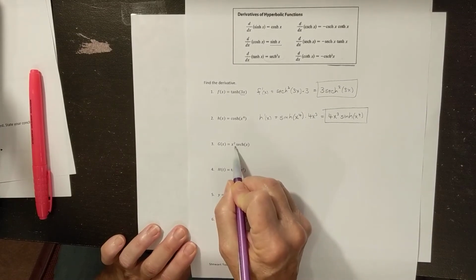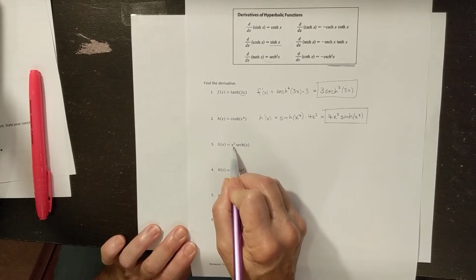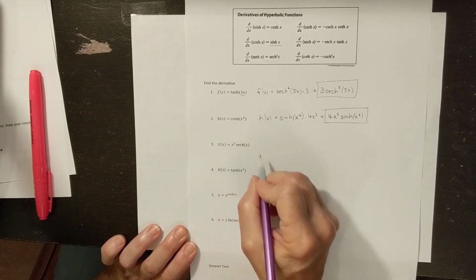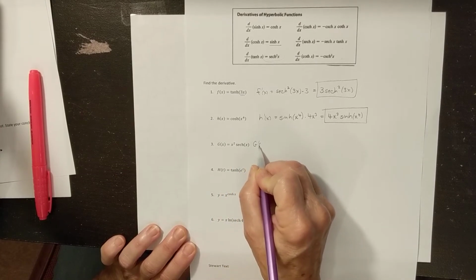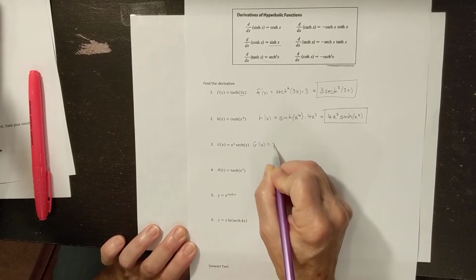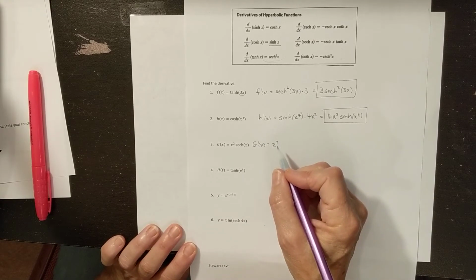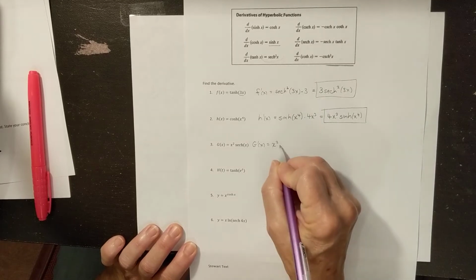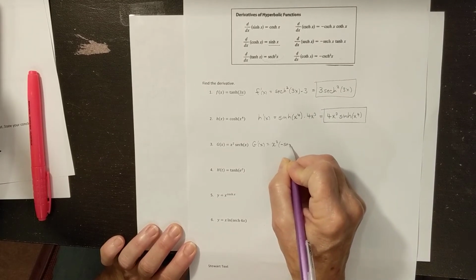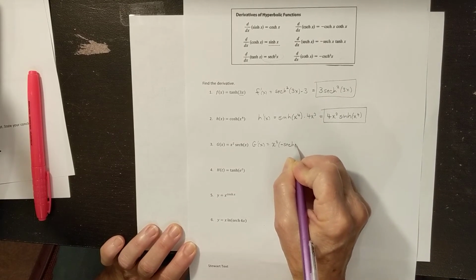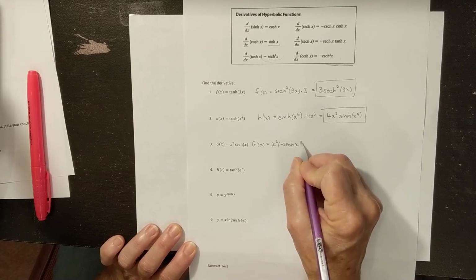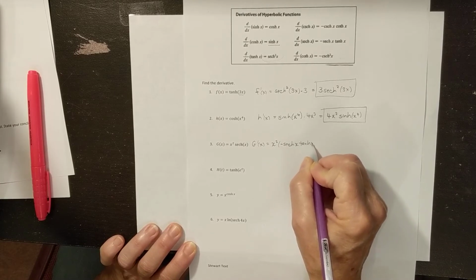All right, let's look at g of x. This is going to be product rule. We have two functions of x being multiplied, so g prime of x will be first times the derivative of the second. So the derivative of hyperbolic secant x is negative hyperbolic secant times hyperbolic tangent.